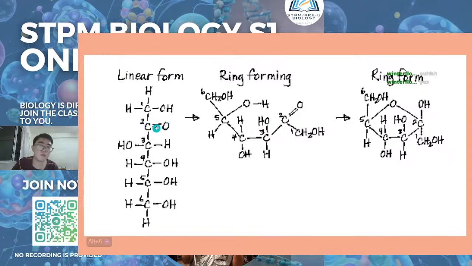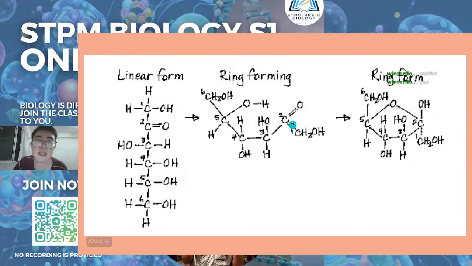The carbonyl group for fructose is at C number 2, and that needs to be modified, compared to glucose, where the carbonyl group is at C number 1 and can be modified directly. So for glucose, C number 1 and C number 5 need to be modified, but for fructose it is C number 2 and also C number 5.